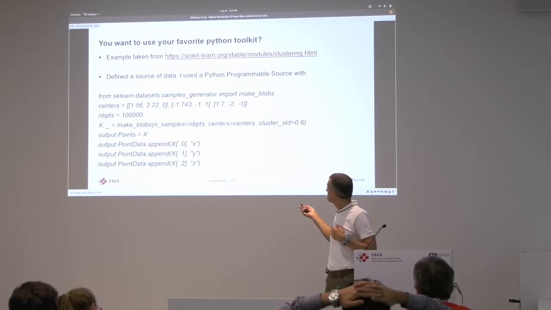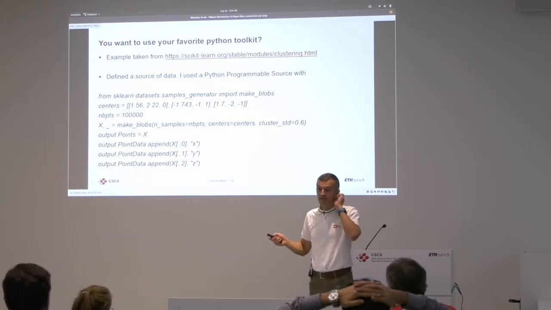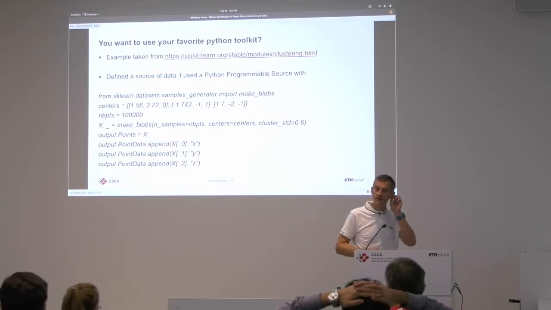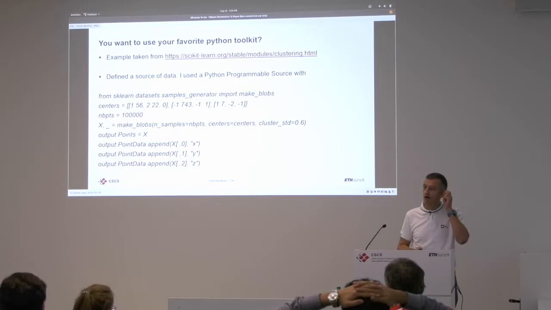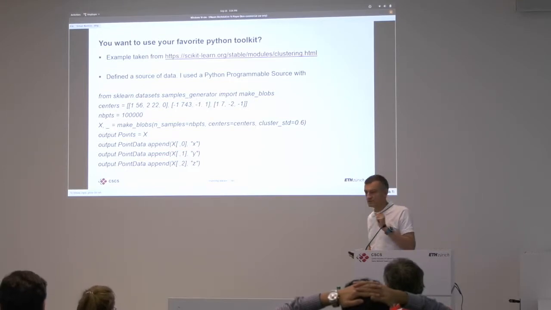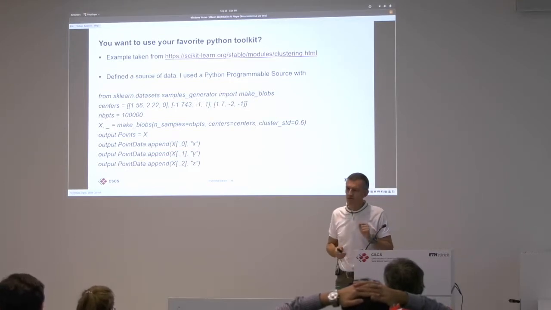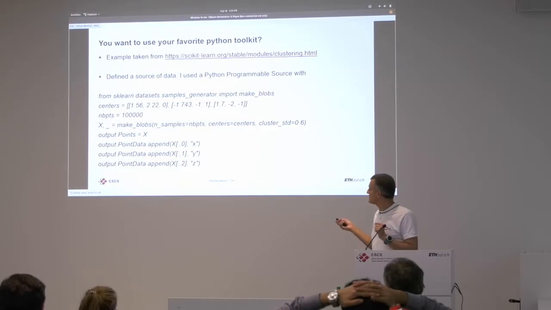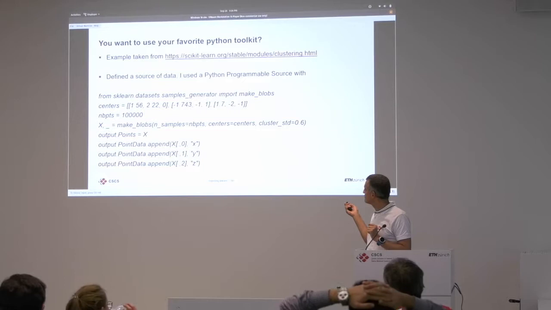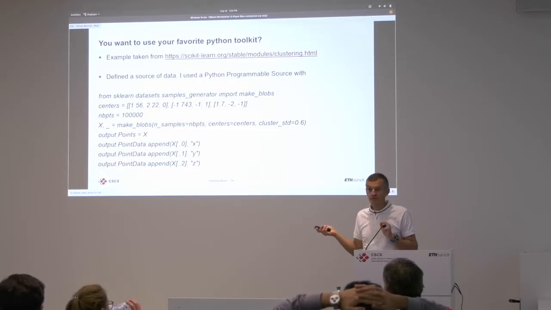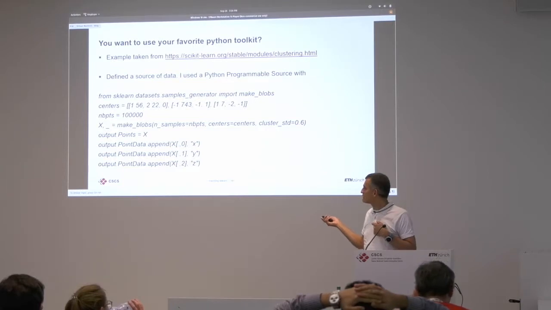In the Python programmable source, and this is also very well documented in the user guide of ParaView, so I suggest you do at least one time a reading of that guide. In the Python programmable source, I have a predefined object called output. So there's no secret here.